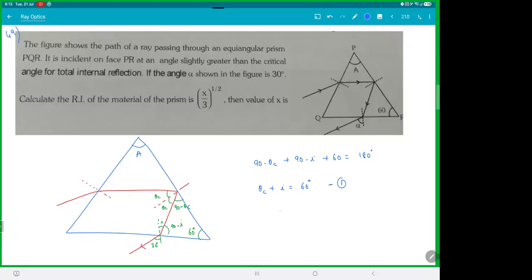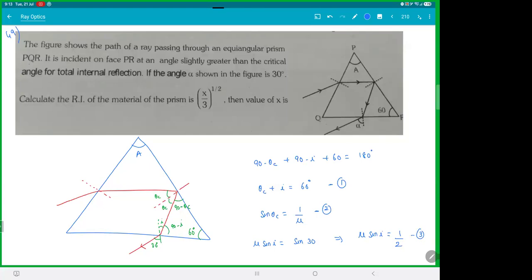Then also, sine theta critical is 1 by mu. That's your equation 2. The third one, apply Snell's law: mu sine I is equal to sine 30. So mu sine I is equal to half. That's your equation 3.